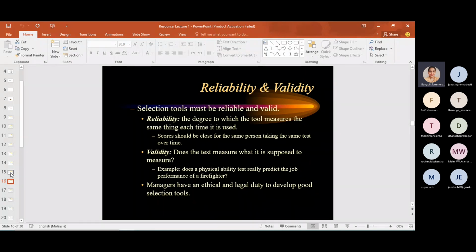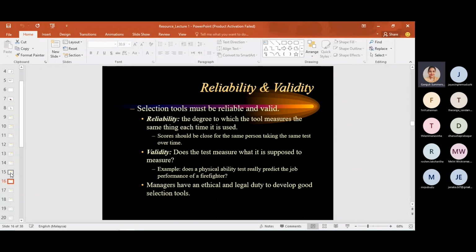To be a firefighter, yes, you need a certain amount of physical ability, but more than physical ability, you should have a huge theoretical knowledge as well. The physical ability is important, of course, but only physical ability is not sufficient. You should have some amount of theoretical knowledge as well.